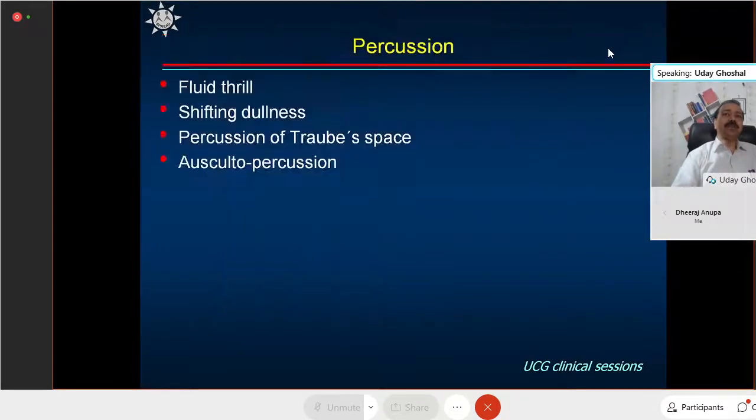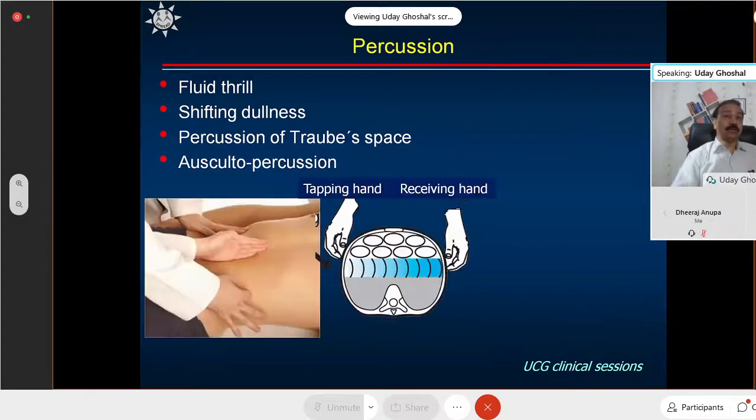Now, I will not talk about the palpation method, because you have all come from MD. So you have read Hutchison, you have read Chamberlain, you have read McLeod. So in percussion, you look at fluid thrill, you look at shifting dullness, you percuss the trough space, you do scuto-percussion. So what is fluid thrill and what is shifting dullness?